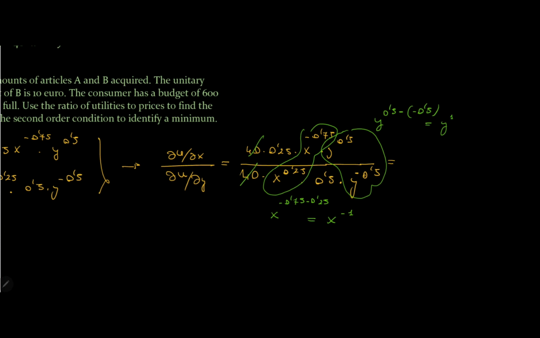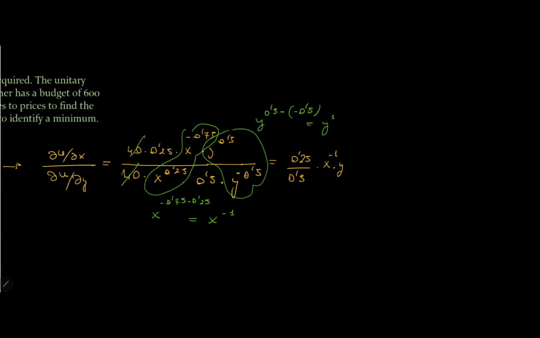Now I continue simplifying, and then I get 0.25 divided by 0.5, and then times x to the power of minus 1 times y raised to the power of 1.